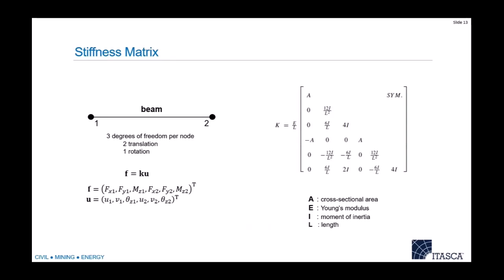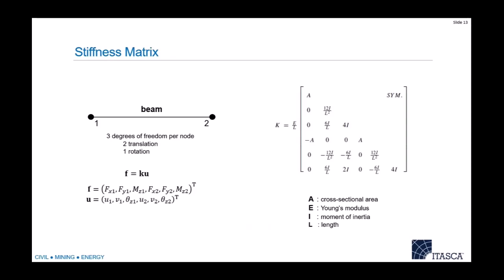It's basically a matrix that's built up upon its geometry and moment of inertia. It will be different for different types of structural elements. It will have different degrees of freedom for different codes. In FLAC3D, this is a 12 by 12 matrix. In FLAC2D, this is a 6 by 6 matrix. And it basically just depends on how many degrees of freedom.